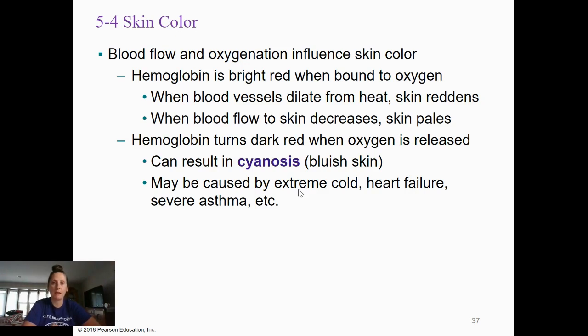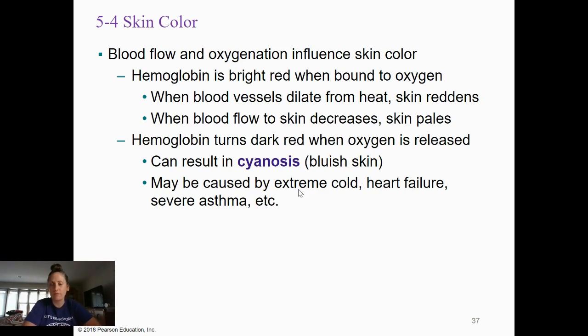The reason why there is that misunderstanding about blue blood is because when someone has less oxygen than they need, they're extremely cold, they're not pumping enough blood, whatever the case may be, they may appear bluish, especially lighter-skinned people. And the reason being is that the combination of the red, yellow, or brown-black melanin and the yellow-orange keratin in your skin, when you look through and see your blood vessels carrying deoxygenated blood, it tends to appear blue through that filter of those other pigments.